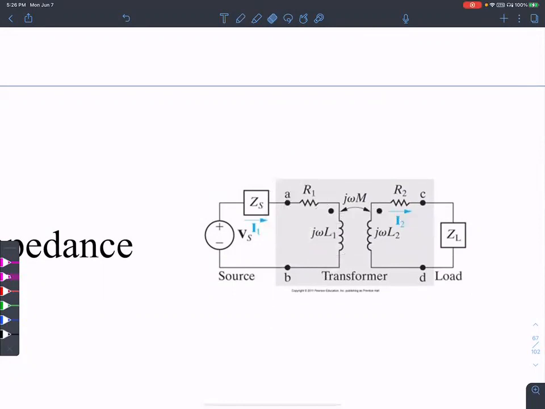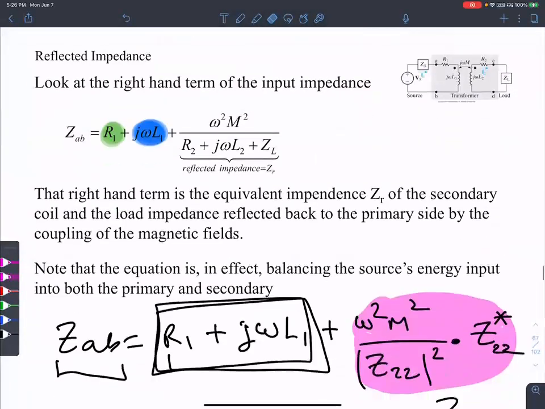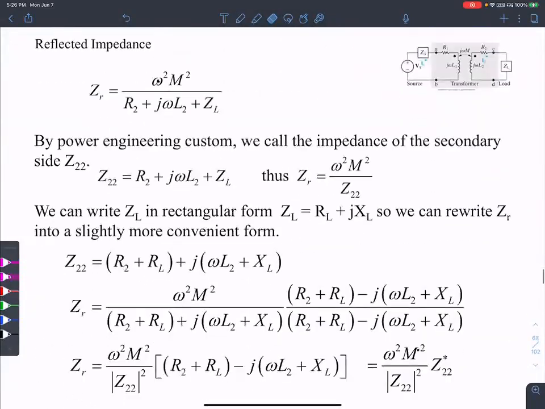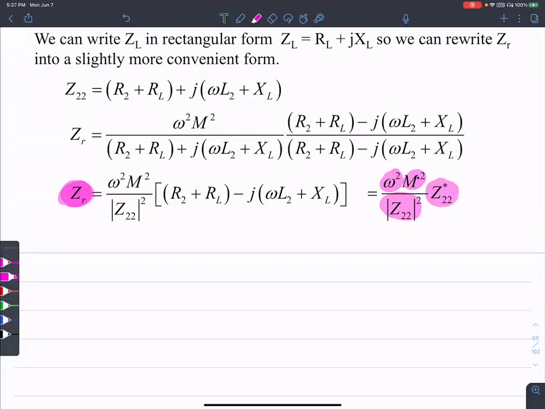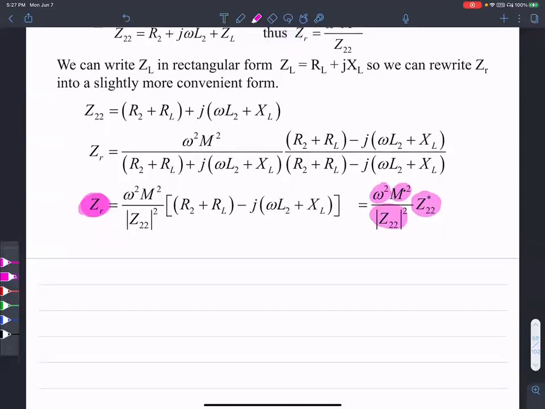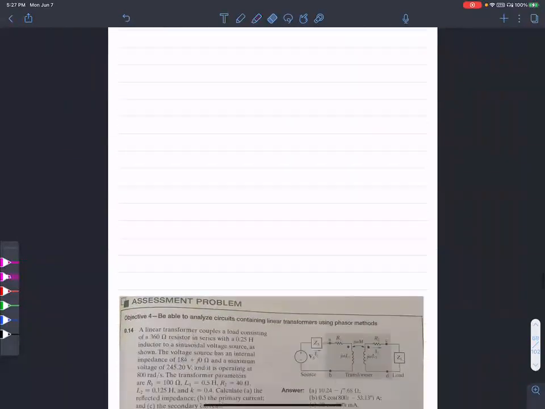That's all there is to it. Now Z reflection has a formula. Reflected impedance is omega squared M squared by Z22 squared times the complex conjugate of Z22, where Z22 is simply the sum of all the impedances in the right hand side. Just remember the important results.